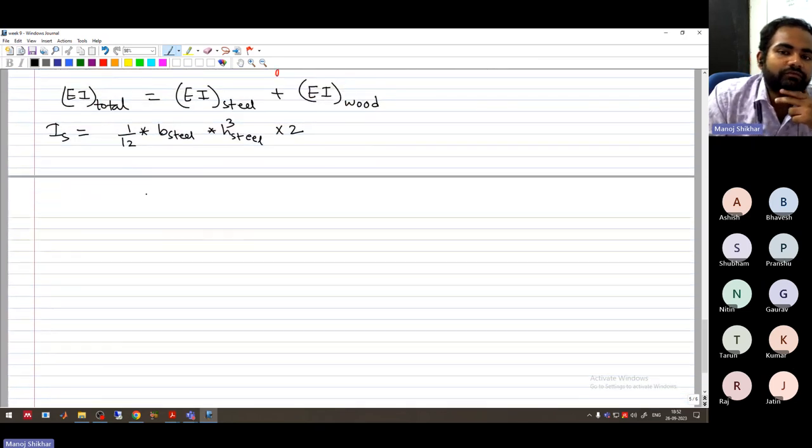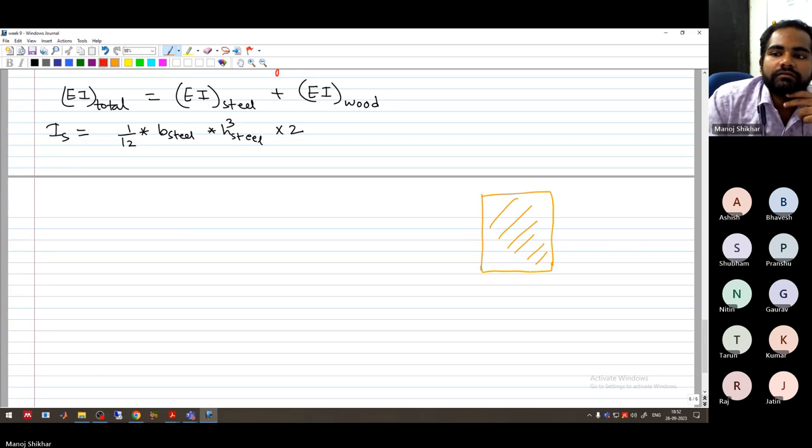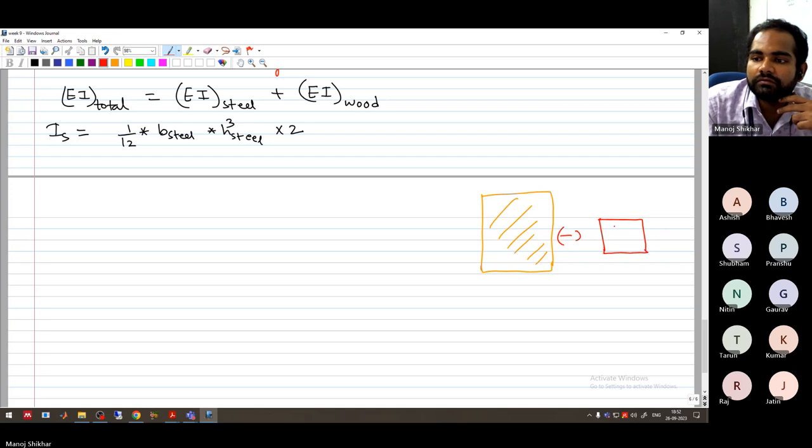So I will follow the second method. I will assume that I have a complete wood, and I will subtract from it the inner part. So this is how I will calculate the I of wood.